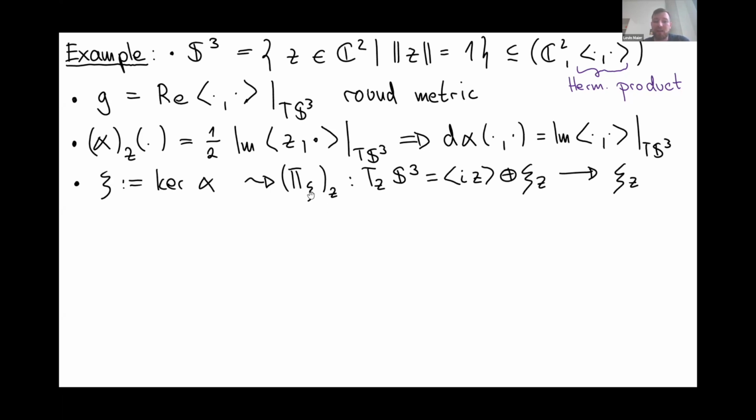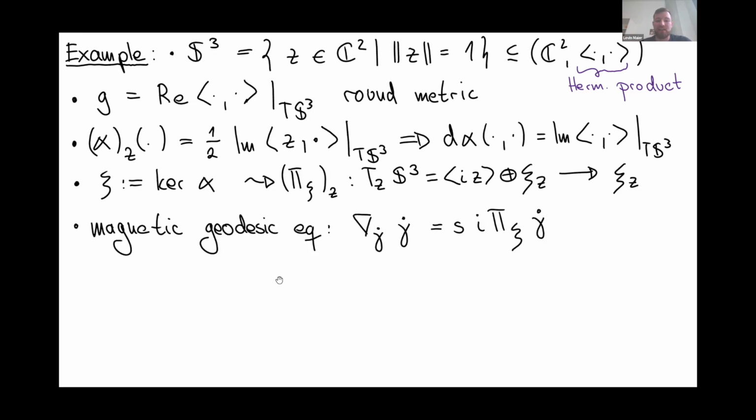Then we can define a projection of the tangent space of S3 to the standard contact structure. And the standard contact structure is also closed under complex multiplication with i. If we use this as magnetic field and this as metric, this will be i times pi xi.